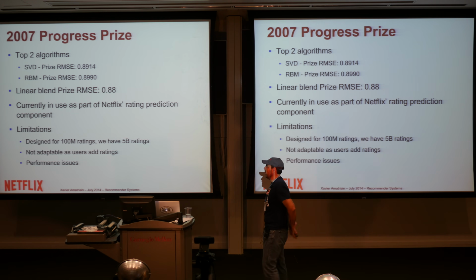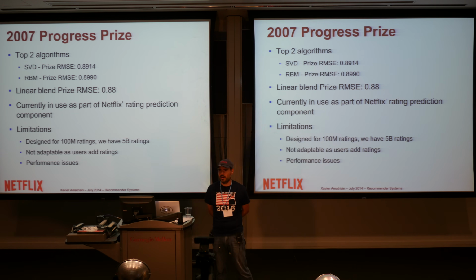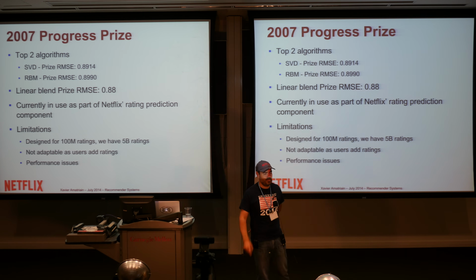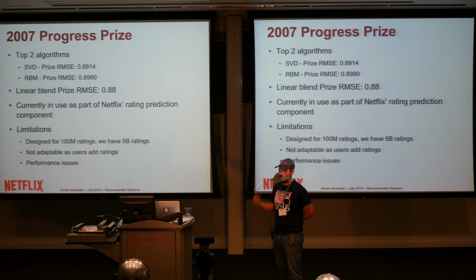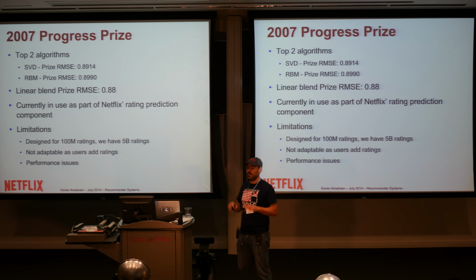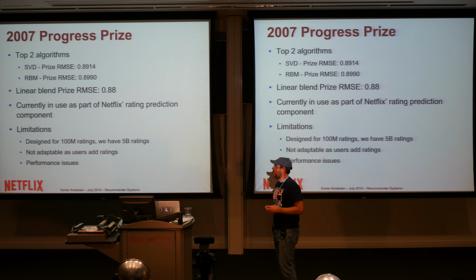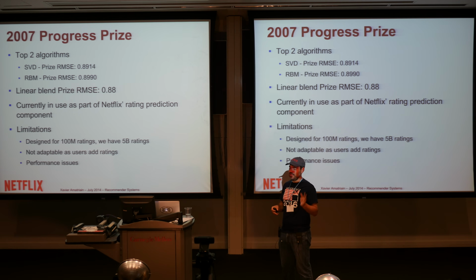The top two algorithms in the Netflix Prize, and we already knew this after the first year out of the 3, were SVD. I'll talk about this later, but SVD is not the academic version of singular value decomposition. It's actually a form of approximate SVD, which I prefer to call matrix factorization in a broader term. But during the prize, it was called SVD.